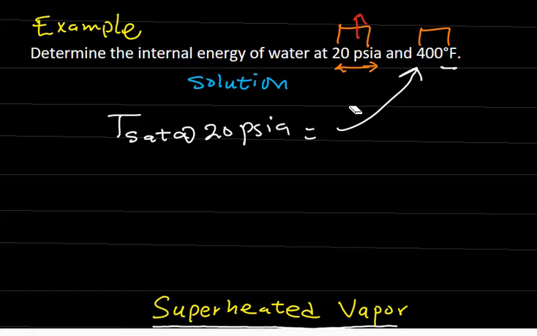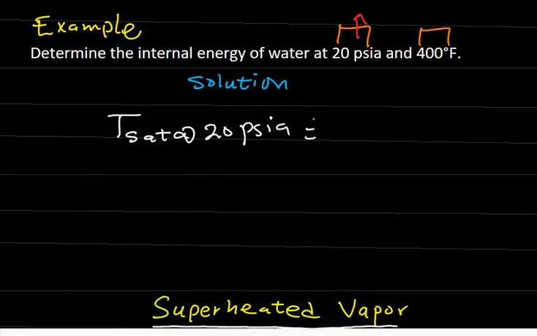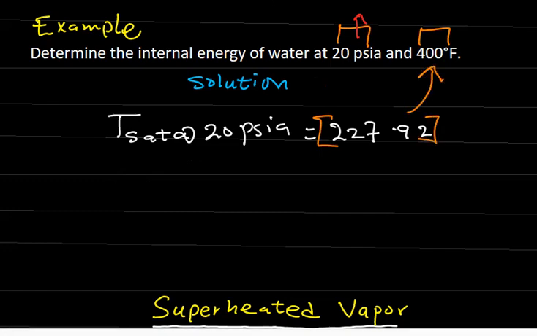The temperature that we read is 227.92. Now we compare it to what we have. This is the saturated temperature, and we discover that the temperature that is given is greater than the saturated temperature Tsat.